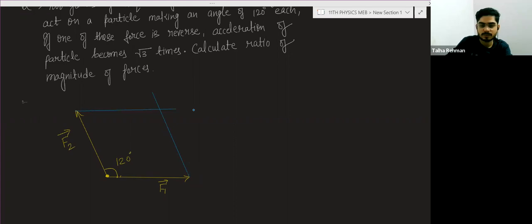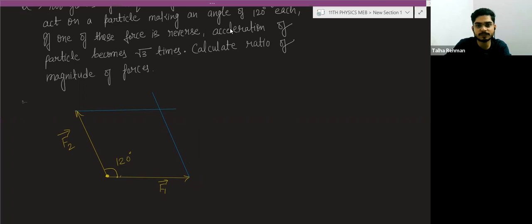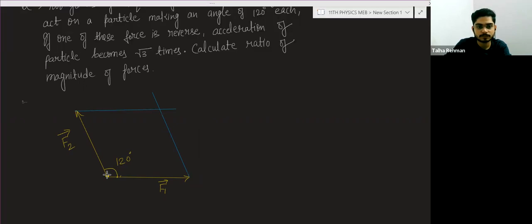So the resultant will be the diagonal of this parallelogram. Suppose this is your resultant R1. It's okay till here? Got it? This part?